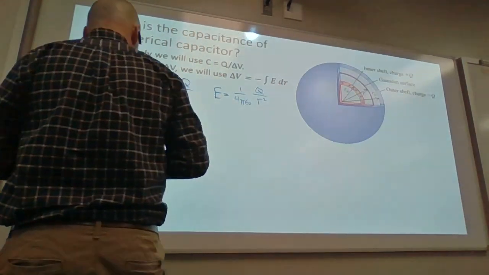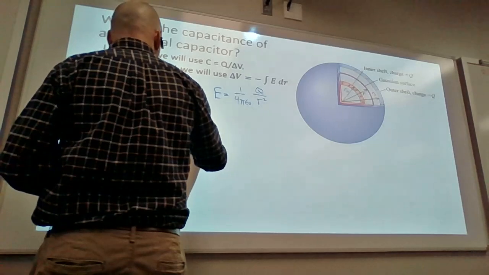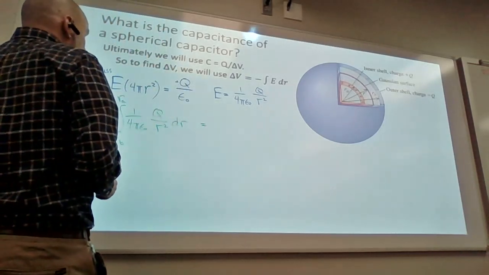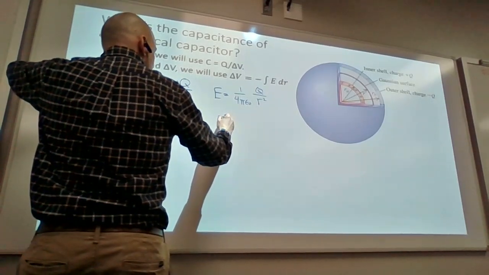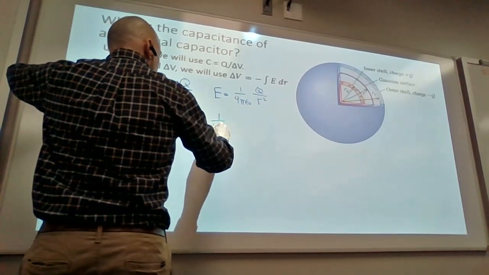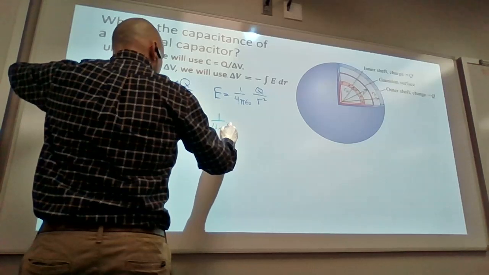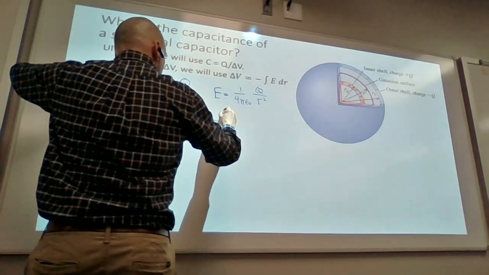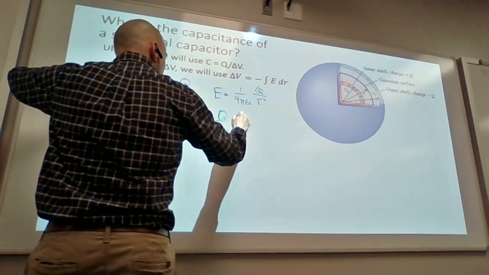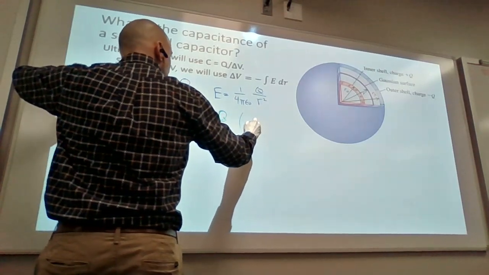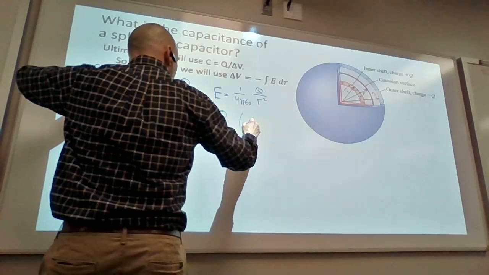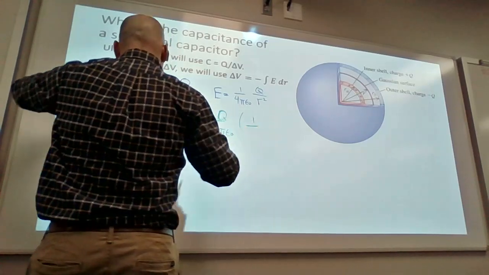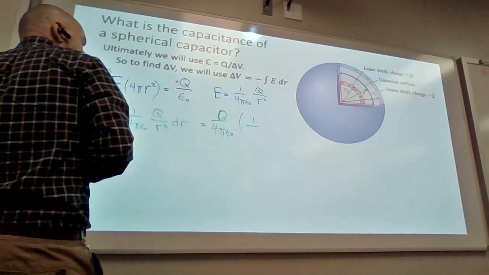So our electric potential difference therefore becomes final minus initial. So we've got 1 over 4 pi epsilon naught, q over, oh, stop doing shortcuts.